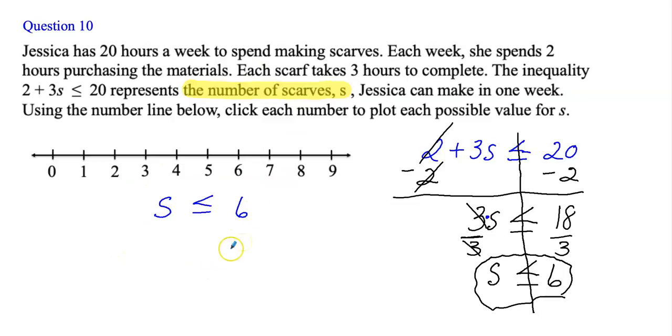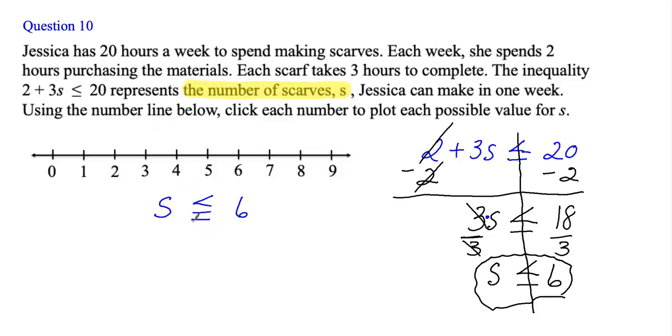Now what I'm going to do is translate what this inequality means. The way you read this is the number of scarves that Jessica can make is less than 6 or equal to 6. This little bar below means or equal to, and if you get confused and can't remember that, just put the second part of the equal sign in there.